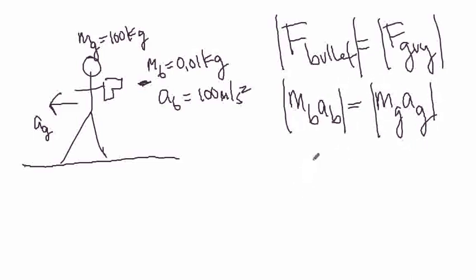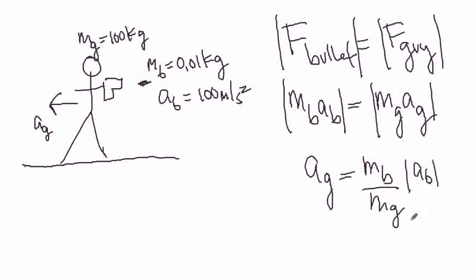So let's go ahead and solve for the acceleration of the guy. That's the mass of the bullet divided by the mass of the guy times the acceleration of the bullet. So 0.01 divided by 100 times 100 equals 0.01 meters per second squared.